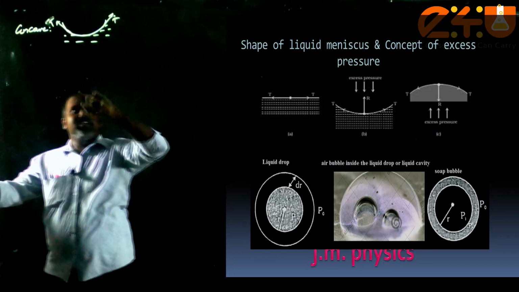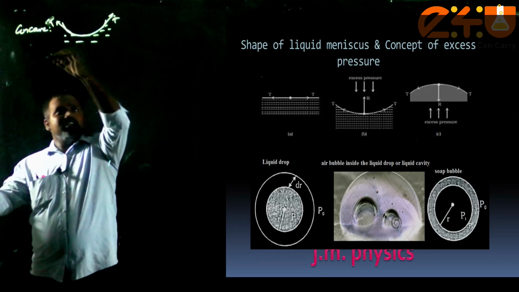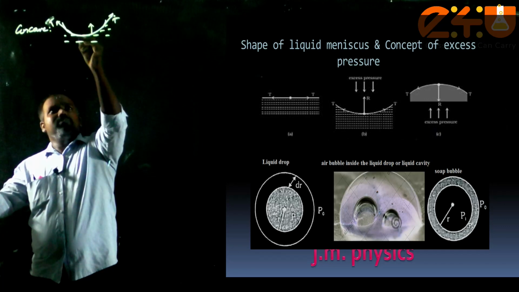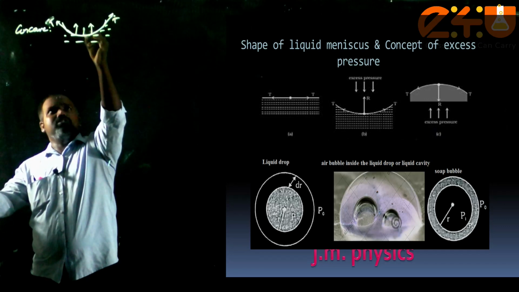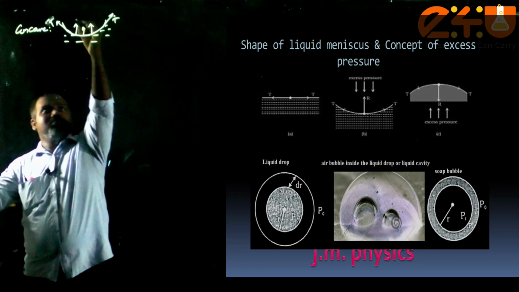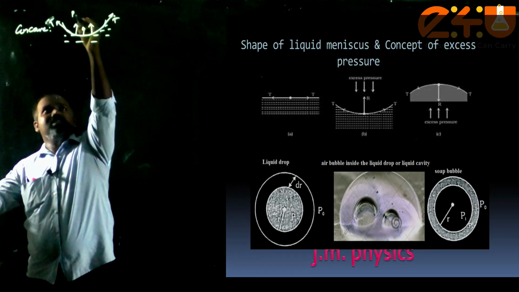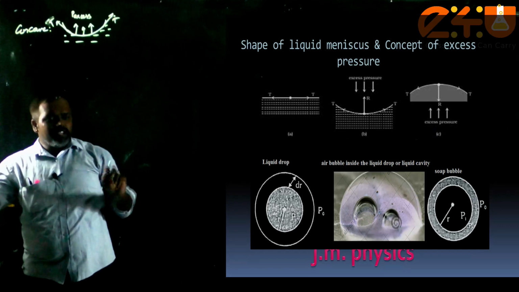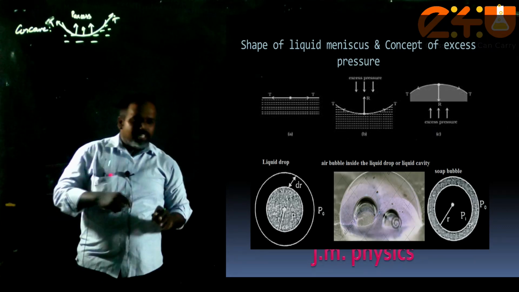Now you resolve it into components. As we said earlier, the horizontal component gets cancelled out, and there will be a net upward force. That is why we mentioned a term called excess pressure, which we will discuss as the next topic, and how these things have different shapes.